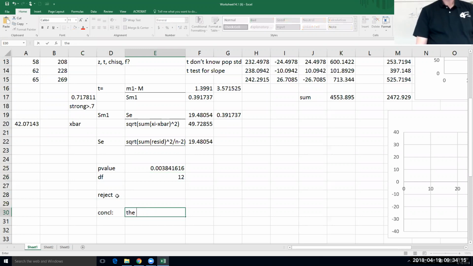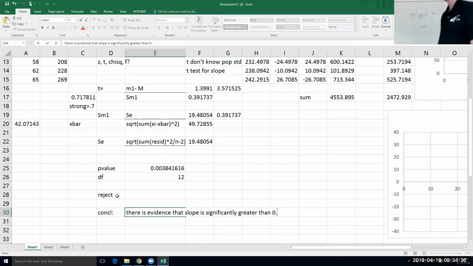We know it's different from 0. Is it significantly greater than 0, right?